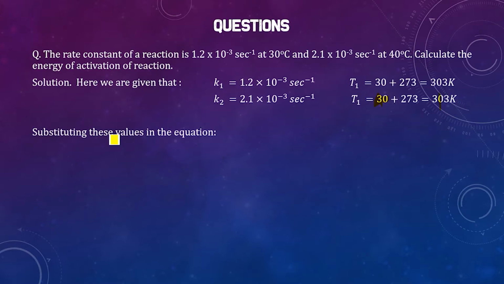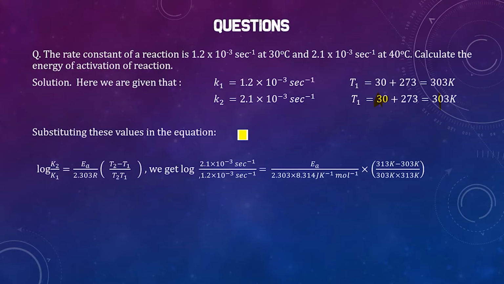Now substituting these values in the equation. If we solve this equation, log K2 upon K1 is equal to Ea upon 2.303 R into T2 minus T1 upon T2 into T1.